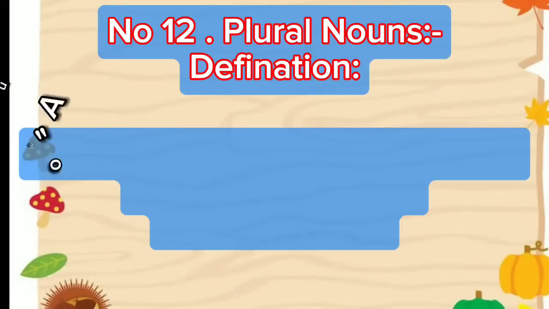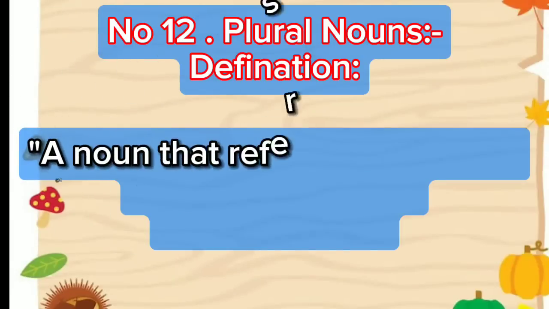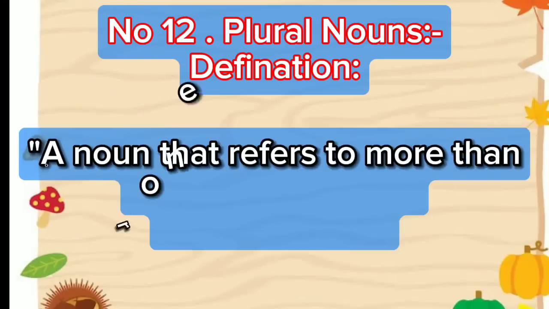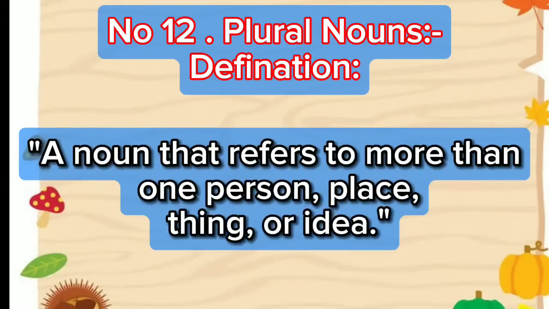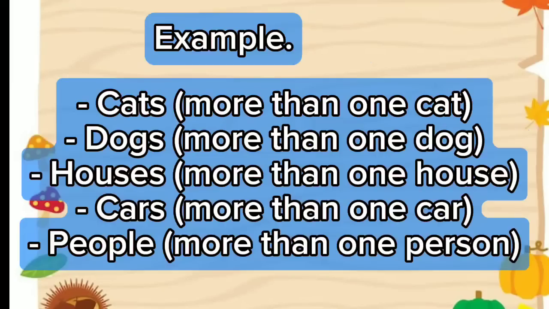Number 10. Plural nouns. Definition: a noun that refers to more than one person, place, thing, or idea. Examples: cats, more than one cat; dogs, more than one dog; houses, more than one house; cars, more than one car; people, more than one person.